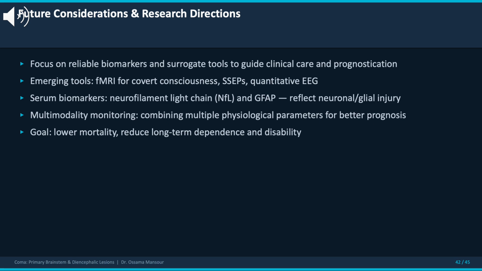Emerging tools that show particular promise include functional MRI for detecting covert consciousness, somatosensory evoked potentials, and quantitative EEG monitoring as surrogates of neurologic examination, and serum biomarkers such as neurofilament light chain and glial fibrillary acidic protein that reflect the degree of neuronal and glial injury.